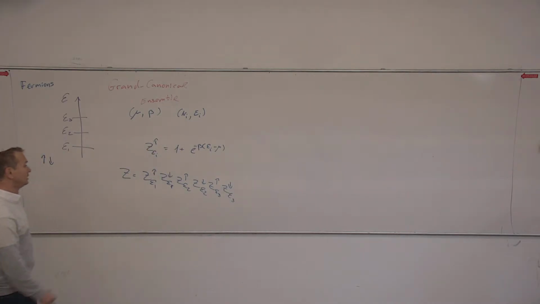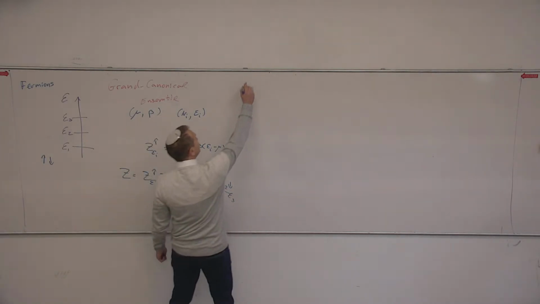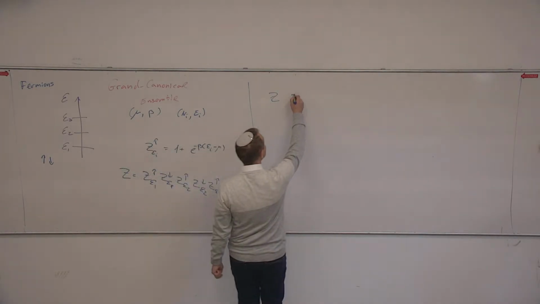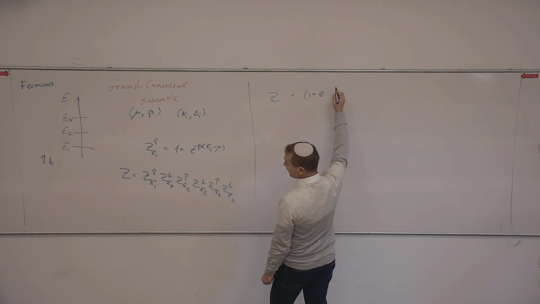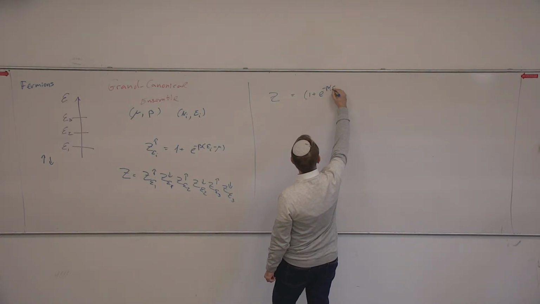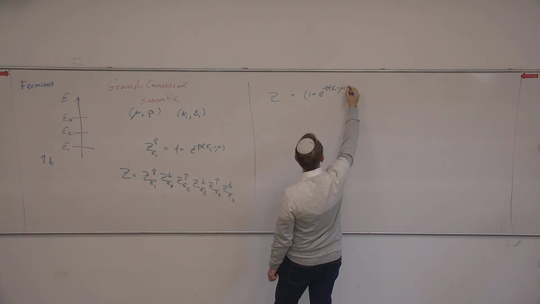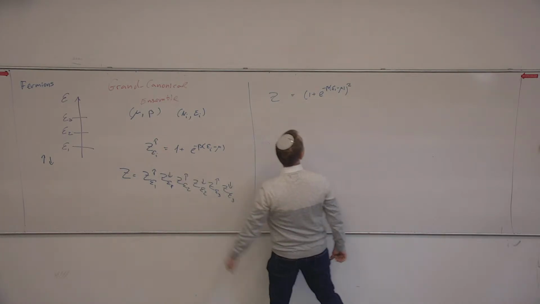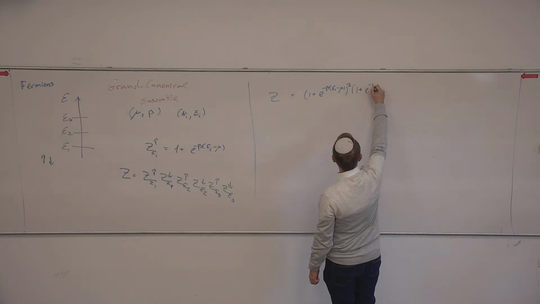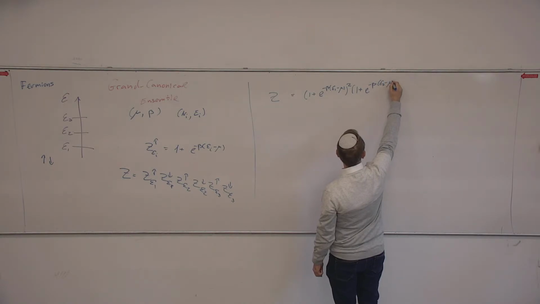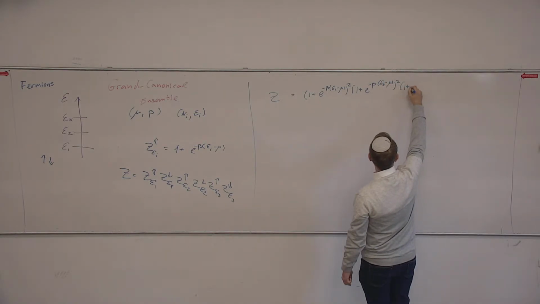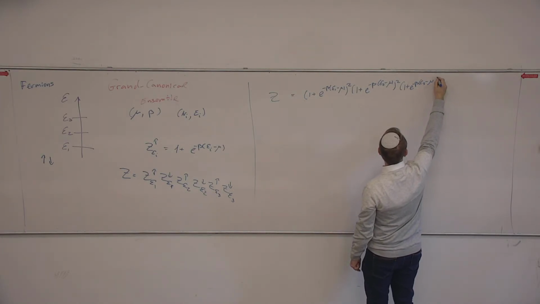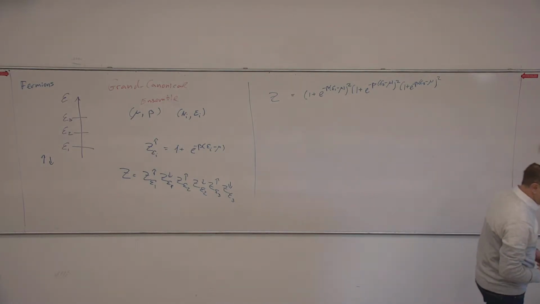So in total, what we obtained is that the partition function was 1 plus e to the power minus beta epsilon 1 minus mu, to the power 2. Why? Because of the degeneracy of the spin. Times 1 plus e to the power minus beta epsilon 2 minus mu, to the power of 2, and 1 plus e to the power minus beta epsilon 3 minus mu, to the power of 2.